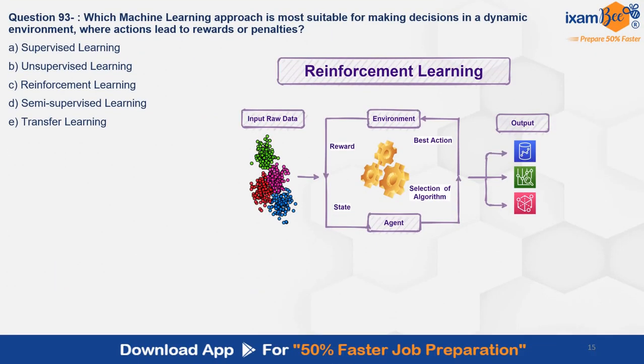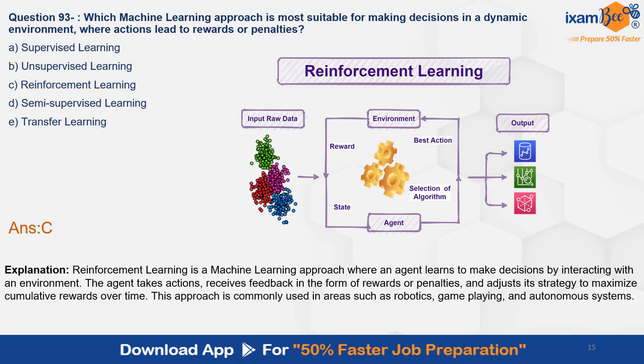Now question number 93. Which machine learning approach is more suitable for making decisions in a dynamic environment where actions lead to rewards or penalties? A. Supervised learning. B. Unsupervised learning. C. Reinforcement learning. D. Semi-supervised learning. E. Transfer learning. And the correct answer is C, reinforcement learning. Just now we have seen reinforcement learning.